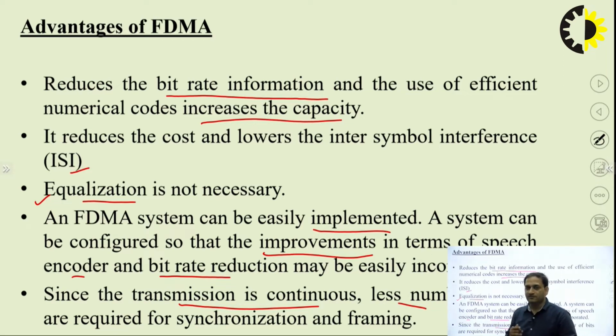So the important features of FDMA are that ISI is reduced, there is no equalization, meaning the circuitry is less complex, the system improves when we use a speech encoder, and the transmission is continuous and fewer bits are required for synchronization.